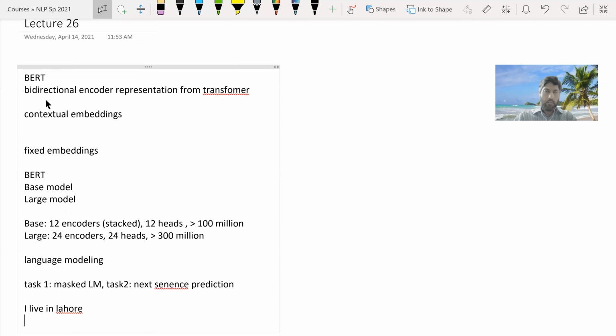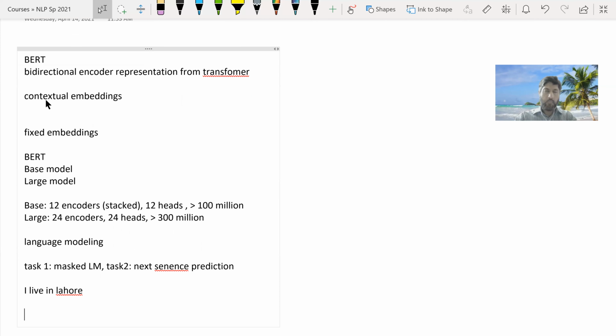But that has a problem, especially for language modeling. For some other tasks, it might be okay. For example, for POS tagging, it might be okay, because POS tag is a tag set different from the word vocabulary, while the word vocabulary is what you are actually predicting in a language model.